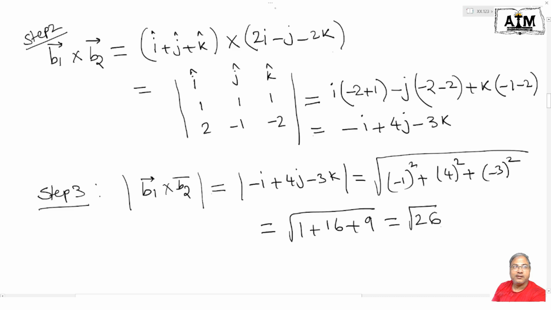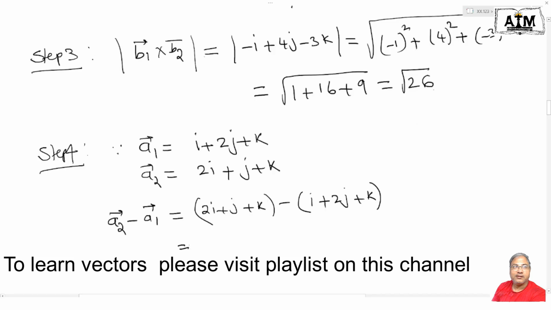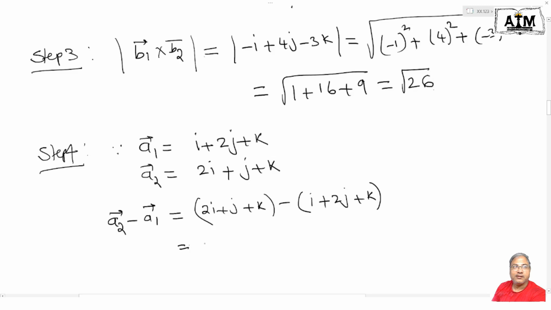If your vectors are not strong enough, then please visit my channel and also visit the playlist on vectors. Now the next step is to find the difference of vector A2 and vector A1. That is vector A2 minus vector A1 equals i minus j plus 0k.